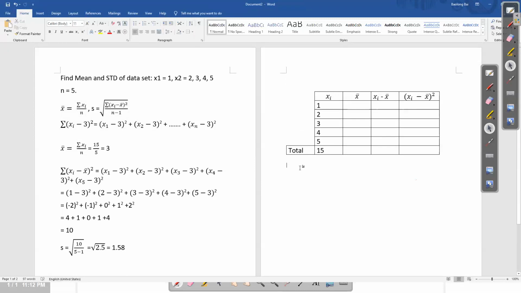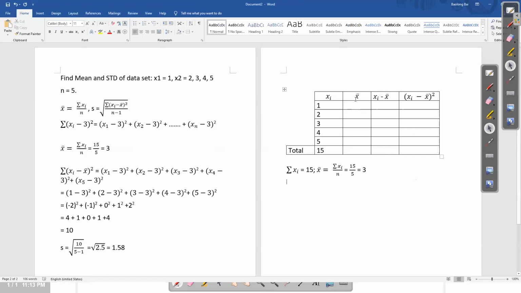So you should realize sum of xi equals 15. Then from here, we're going to borrow the formula to calculate x bar. So then it's very simple, right? The sum of xi equals 15. So everything on top of the fraction is 15, and n equals 5. So then the sample mean is 3, right? That's x bar.